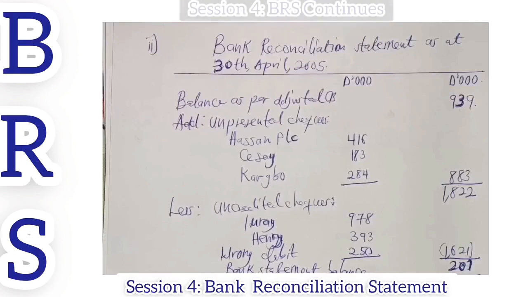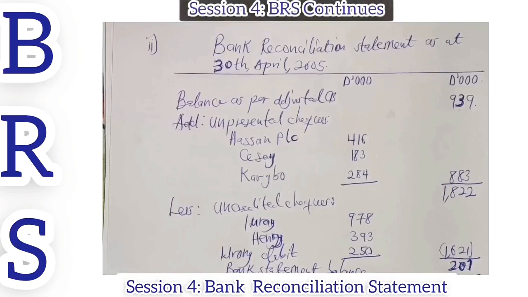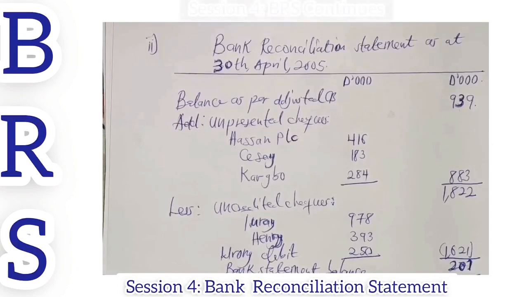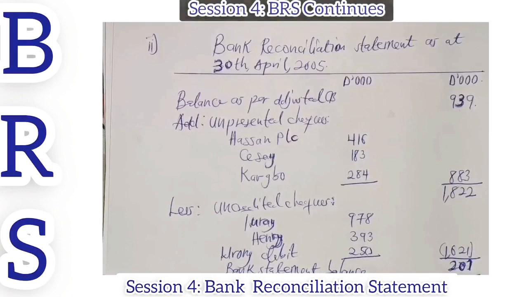But those items that will come into the bank reconciliation statement are items that the bank actually failed to record, or maybe errors that the bank made when dealing with the customer's current account, and those errors will be corrected using the bank reconciliation statement. So let's take note of that.